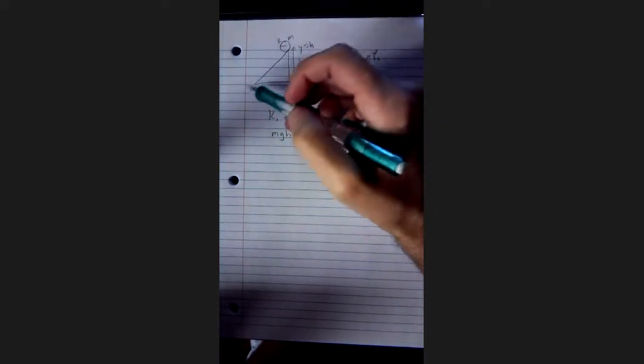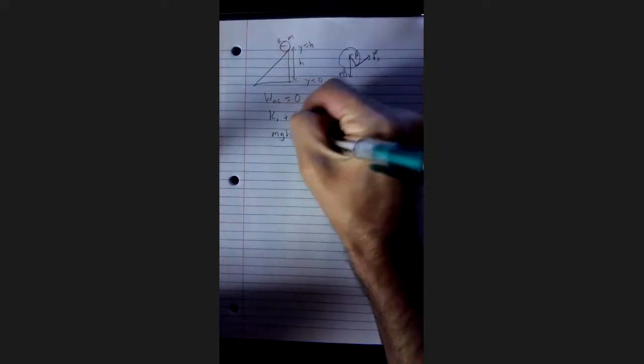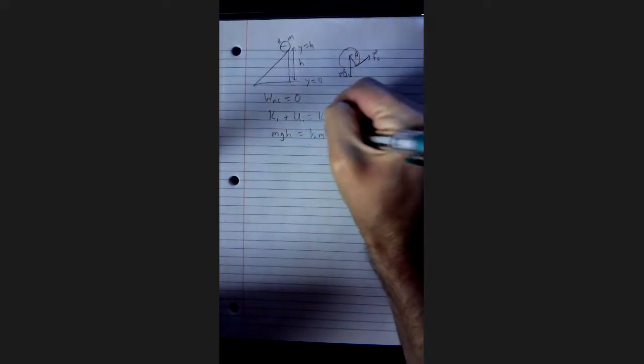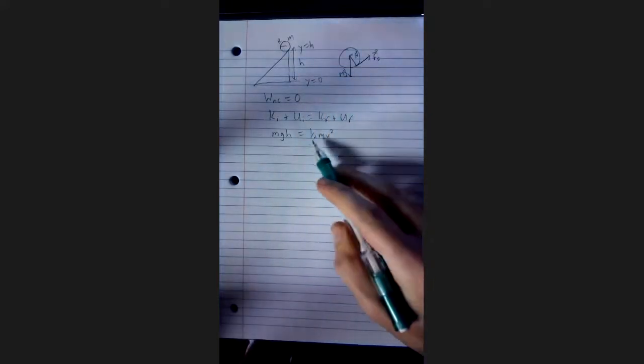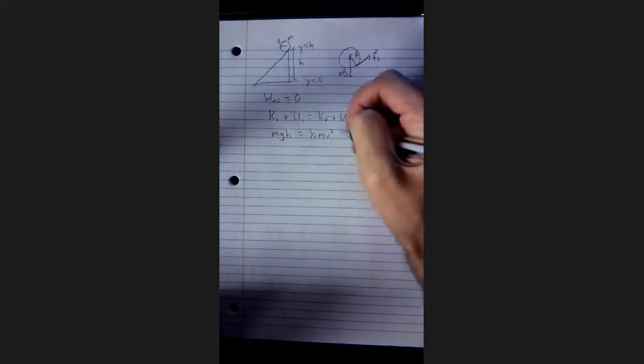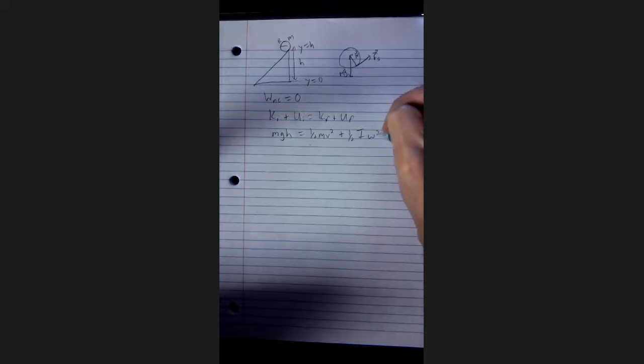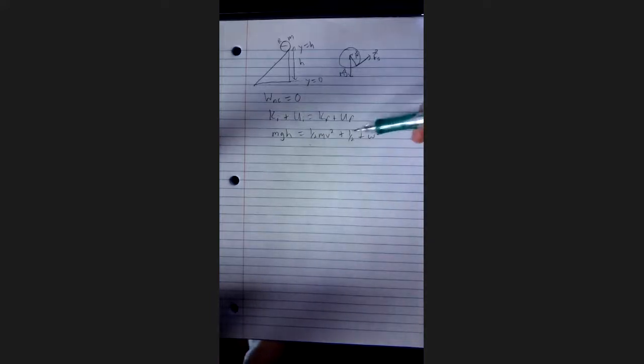So now at the bottom of our incline, we're at what we called y equals 0. So our final potential energy is 0, and we only have kinetic energy. So there's some energy due to the translation of the center of mass, which is the usual kinetic energy term that we know. And there's also some energy due to the rolling motion, which has this form. It's 1/2 times the moment of inertia times the angular velocity squared.